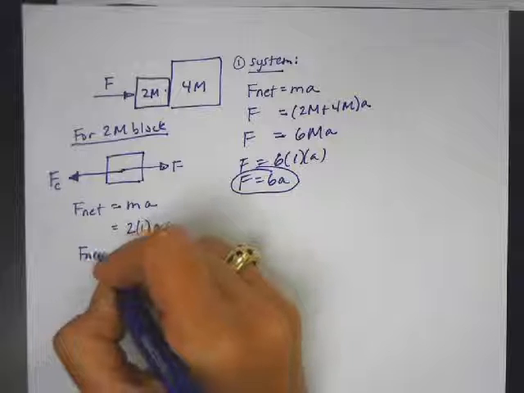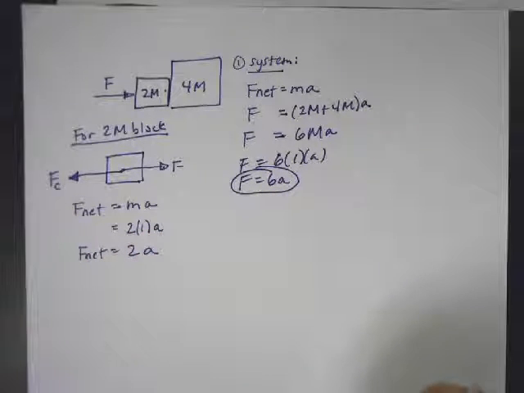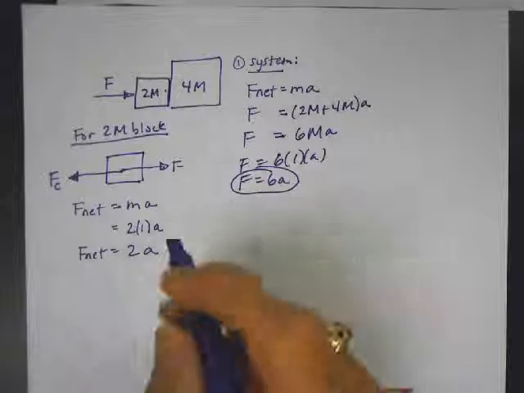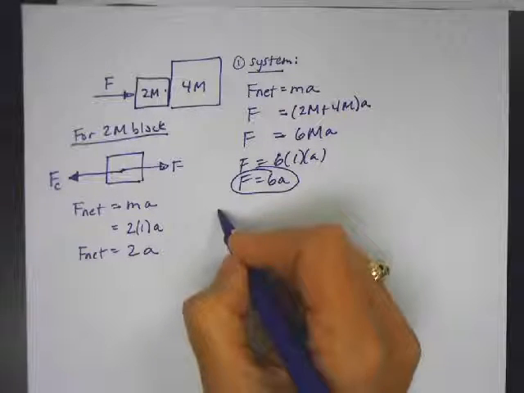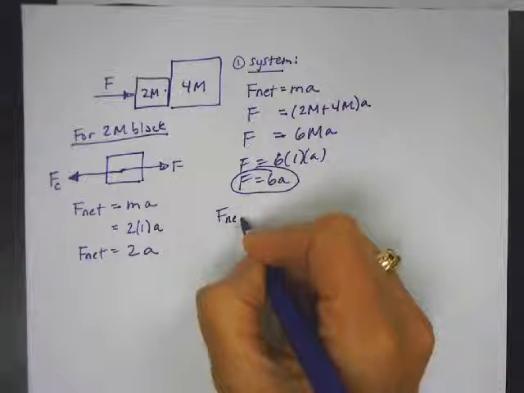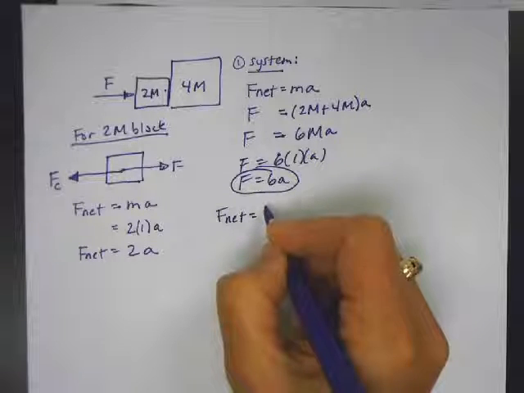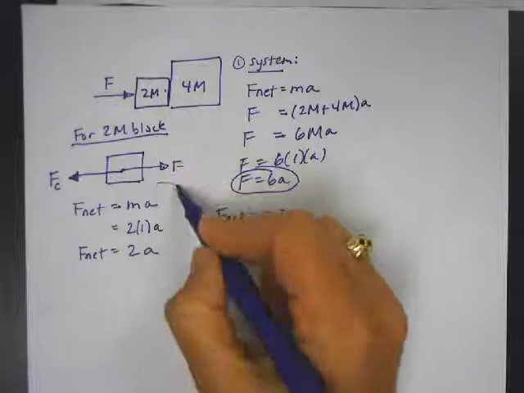So F net is equal to 2a. Now what are the net forces acting on this block?